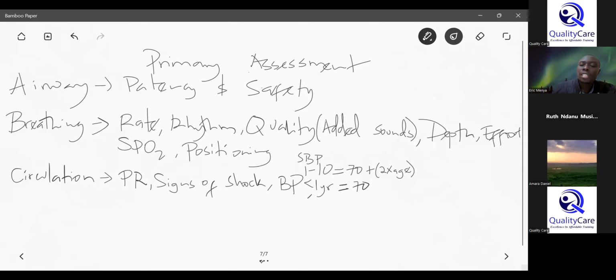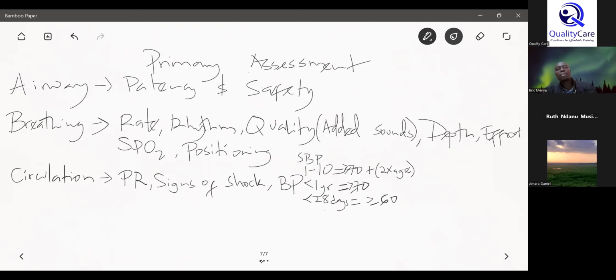And for those less than 28 days, the neonate, we are saying less than 60, so 60 is our cutoff. Let me rephrase this: it should be greater than or equal to 60 for the neonate, greater than or equal to 70 for infants, and greater than or equal to 70 plus 2 times the age. That is for blood pressure.